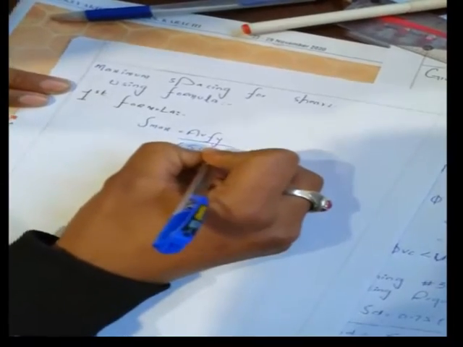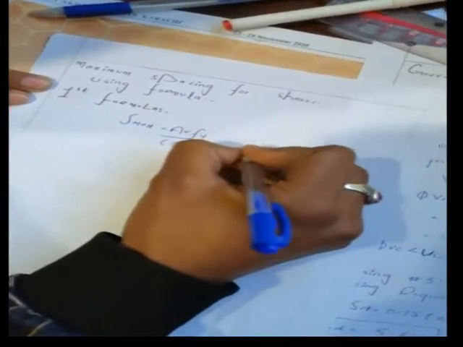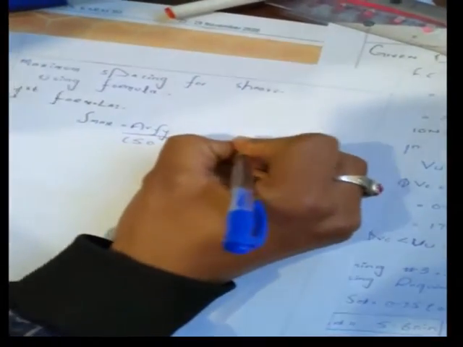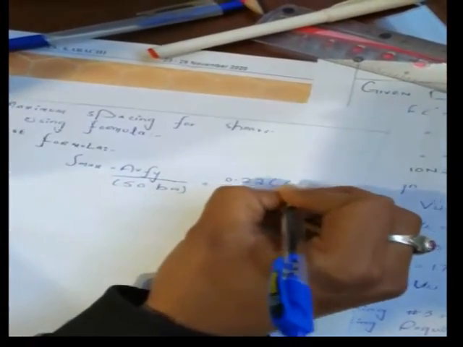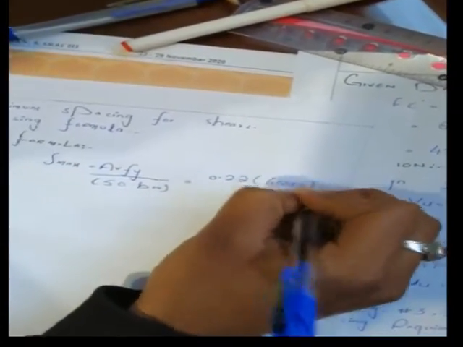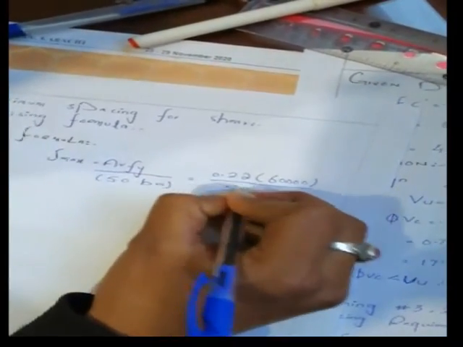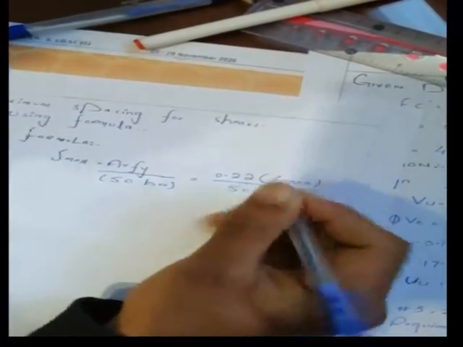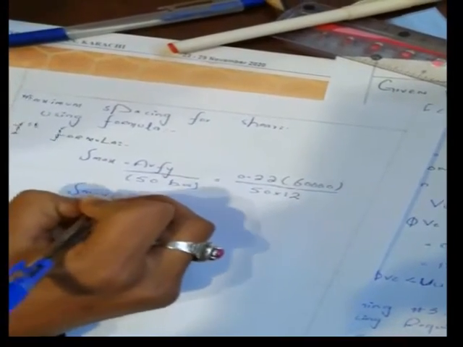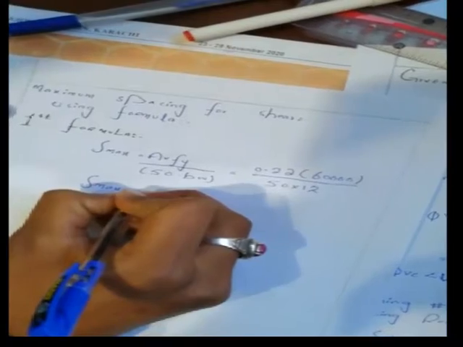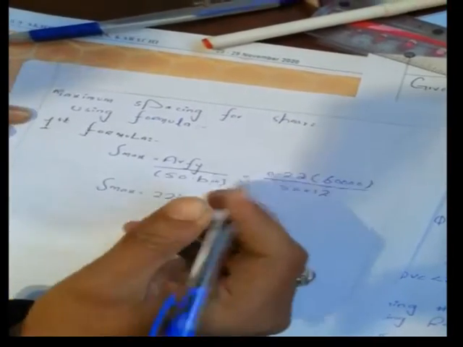Simply say 50 into the breadth of the beam. Now putting the values, we know that Av is equal to 0.22, fy is 60,000, divided by 50 into 12. Again just doing the simple calculation gives us the value, that is 22 inches.